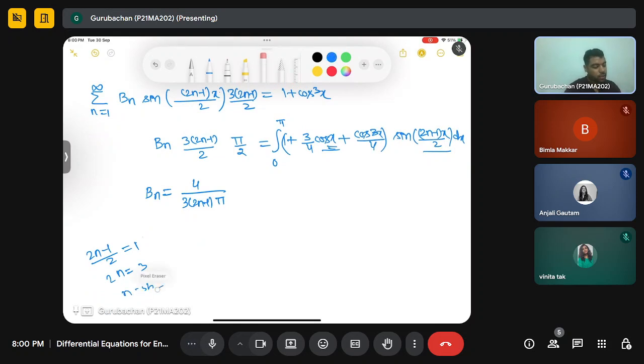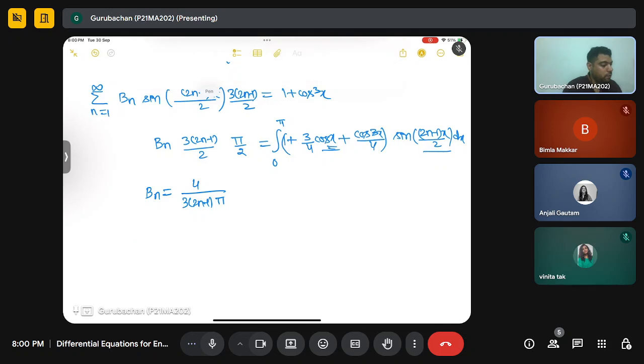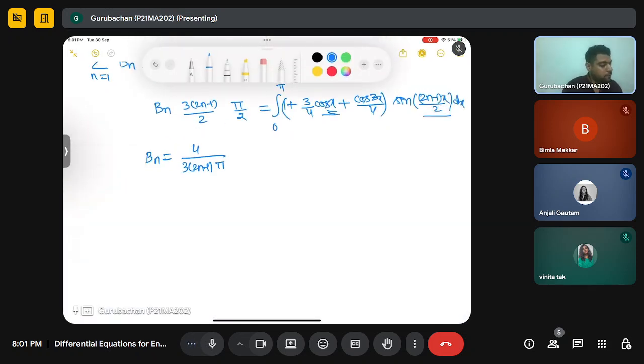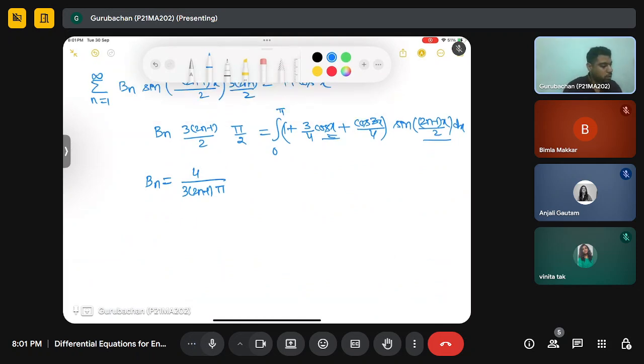So this will not be the correct format for this particular one. So we will just calculate its value like normal integration. So this will be minus cos (2n minus 1)x by 2, divided by (2n minus 1) by 2. This is our first part of the integration.